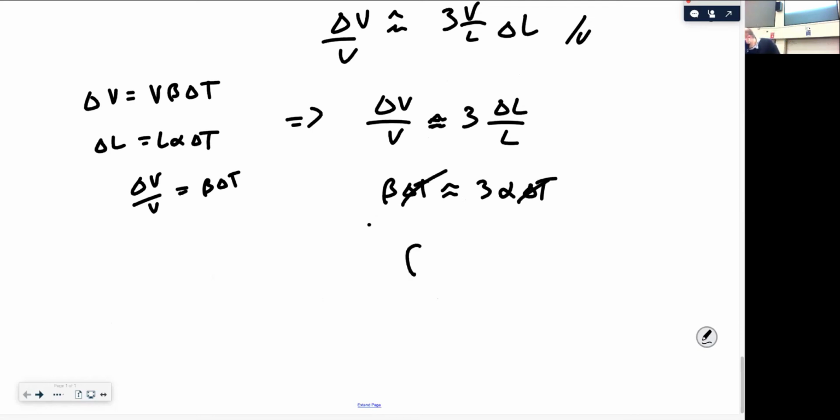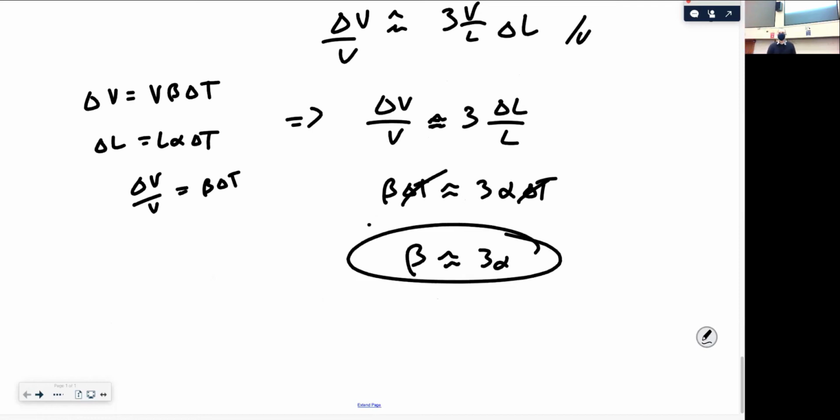And I get beta is about equal to 3 alpha. It comes from expanding that cube term and only keeping the first linear term in delta L.